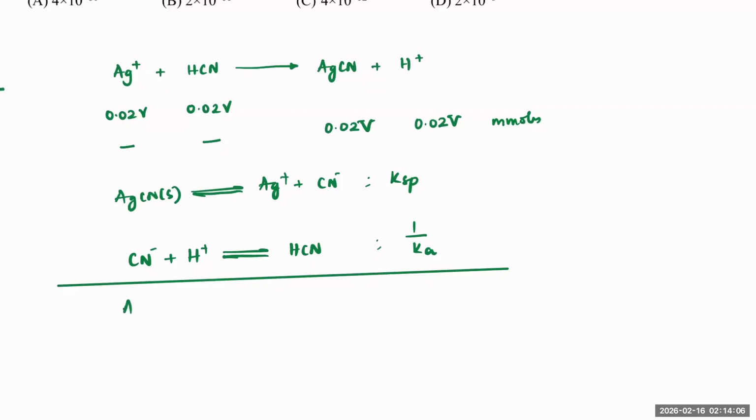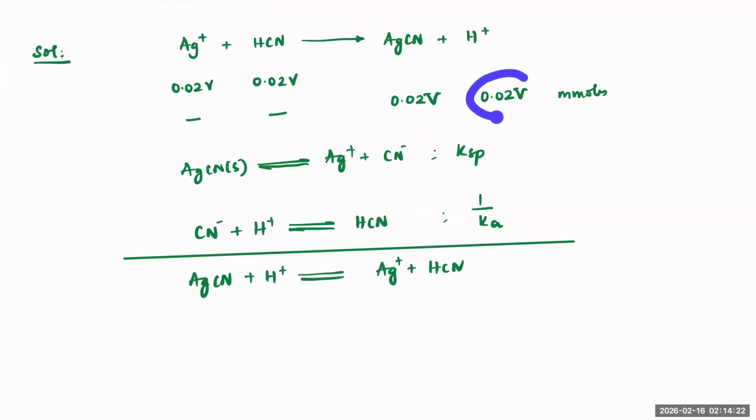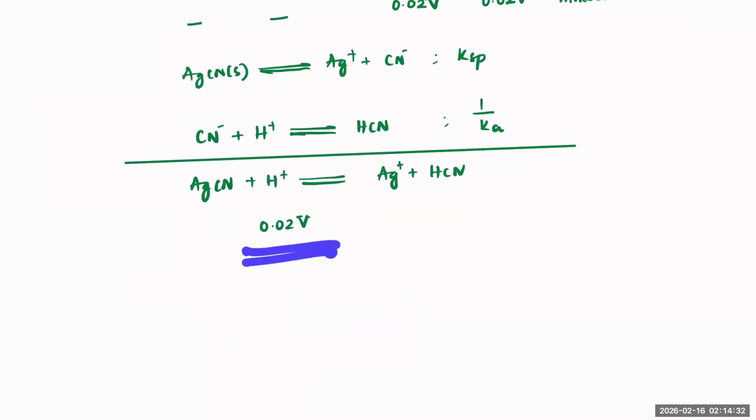So then we will have this as AgCN, right, plus H plus ionizing into Ag plus and HCN. So this is the amount that will be left over here. So HCN will start forming again, because in the presence of this H plus concentration, which is of 0.02 V moles here, this many moles are present, to which hydrolysis will be acting.